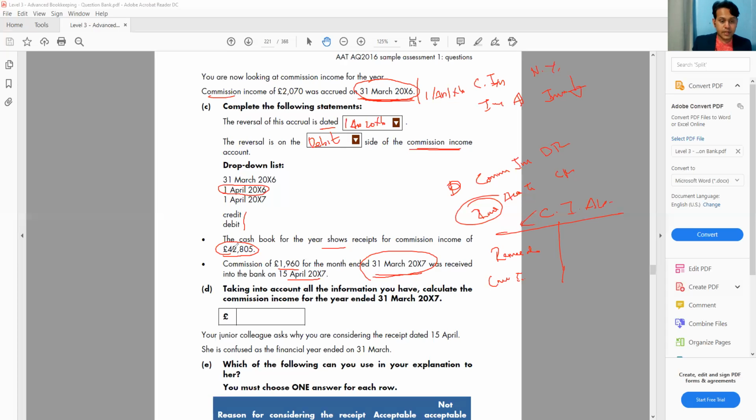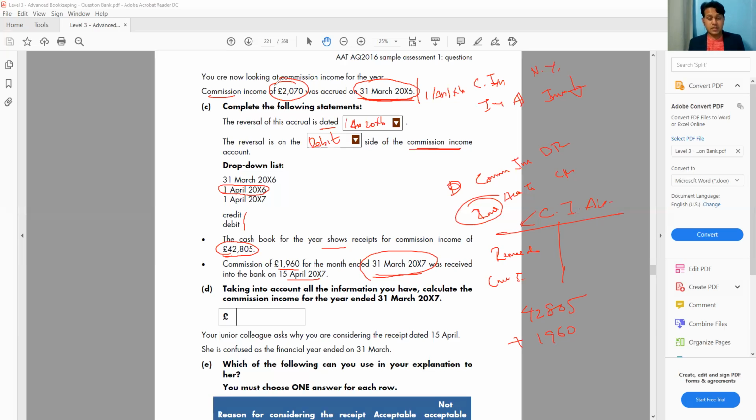So obviously we can say 42,000 we received on our cash book, and plus 1960 that we didn't receive, that is accrued. Even though we didn't receive it, we still have to show this as commission income. And 2070, remember, basically came from the last period.